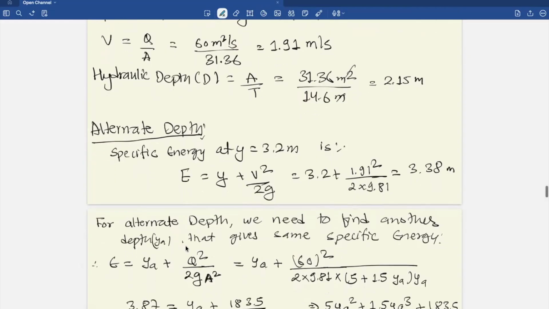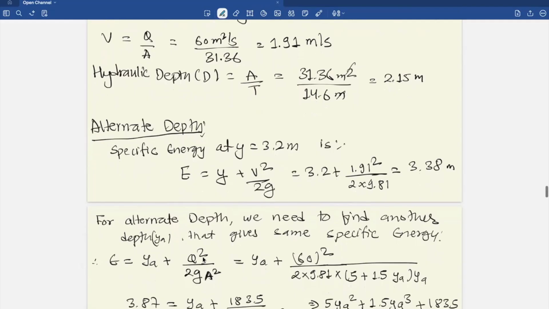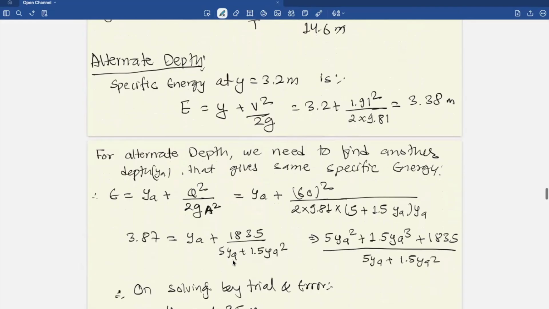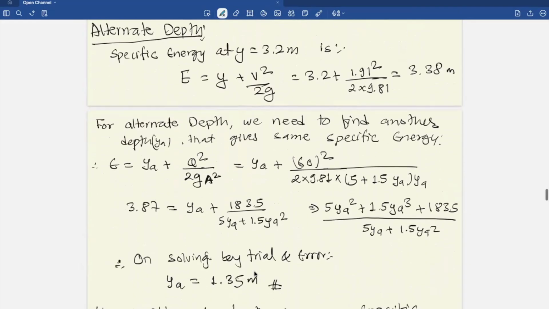We set up the same equation, E is equal to ya plus Q square divided by 2gA square. Here I am just rearranging the same formula, but we are using Q by A. And we don't know the value of A, so we need to do trial and error.